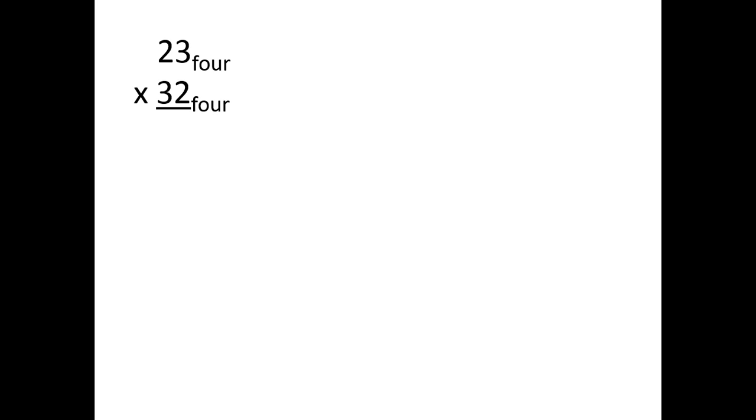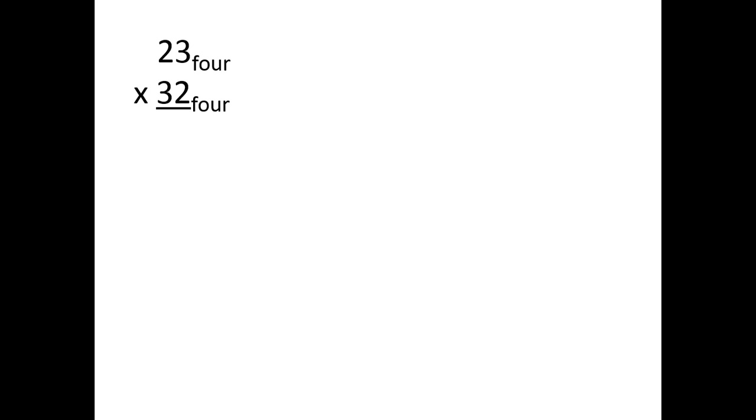What if we're multiplying numbers that aren't base 10 numbers? Well, we can use the same algorithms that we use for base 10 in any number base. Because it's easier for us to think in base 10, after all, we've grown up with base 10 brains, it might be good to think in base 10 as we multiply, but write in base 4.